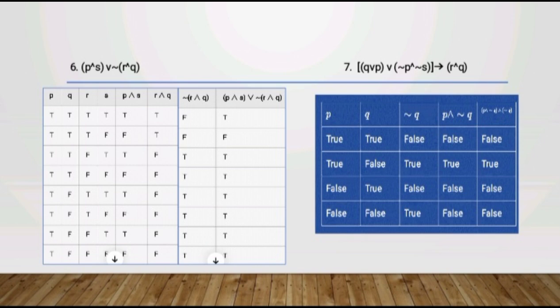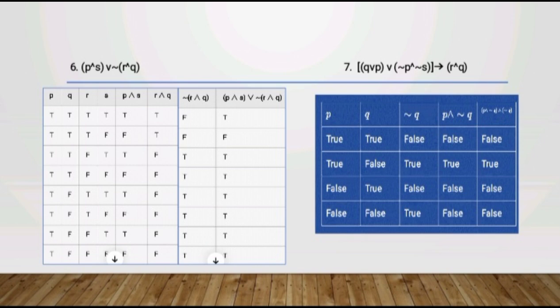S: true, false, true, false, true, false, true, false. P and S: true, false, true, false, true, false, true, false. R and Q: true, true, false, false, false, false, false, false.